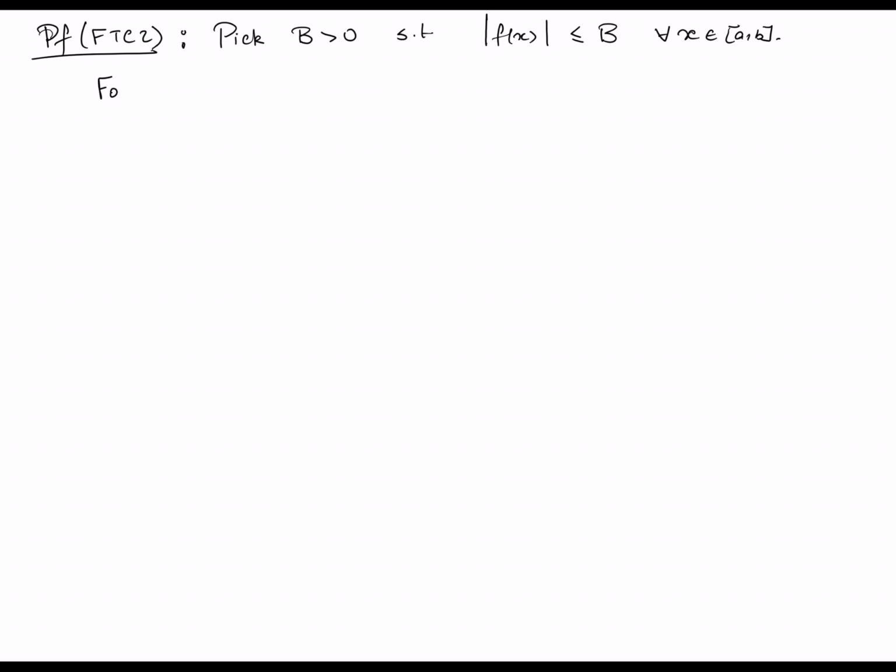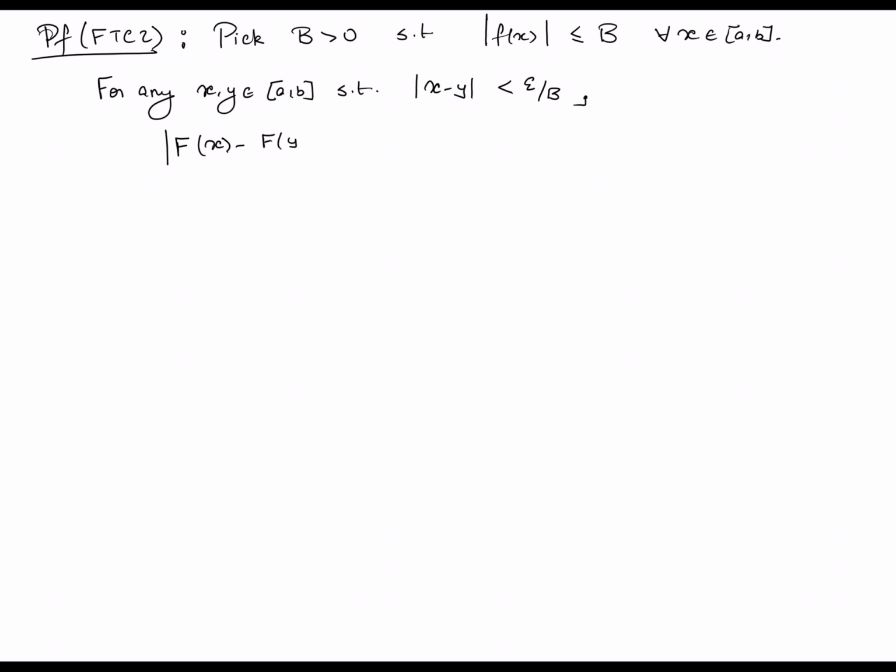Now for any x, y in the interval AB such that the distance between x and y is at most epsilon by b, let us now look at the difference between F of x and F of y.